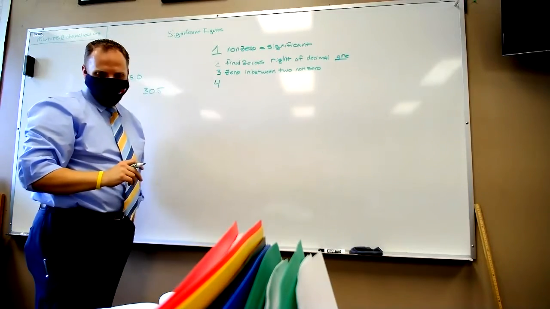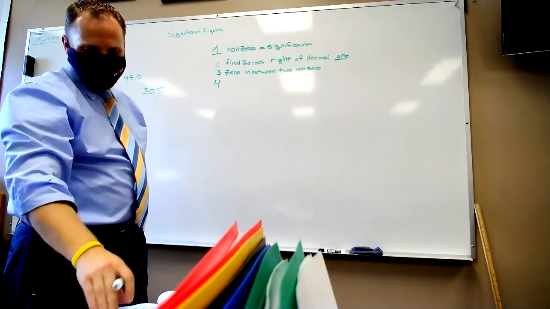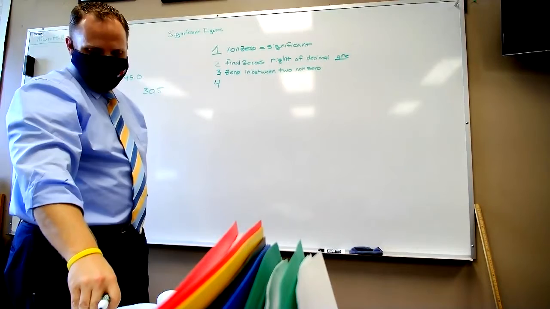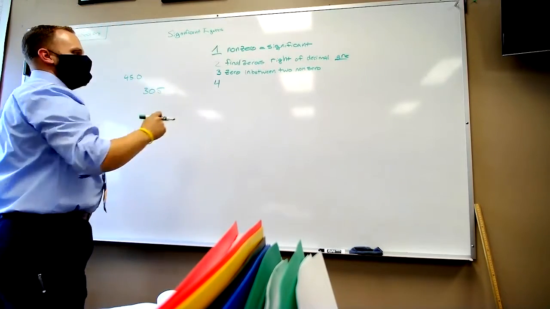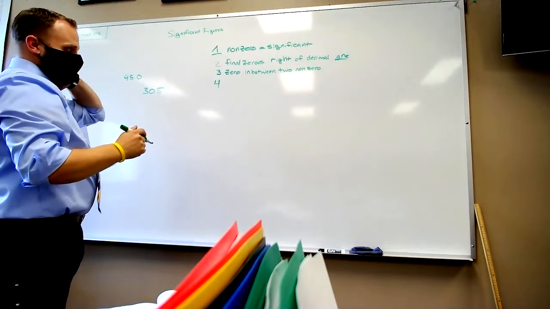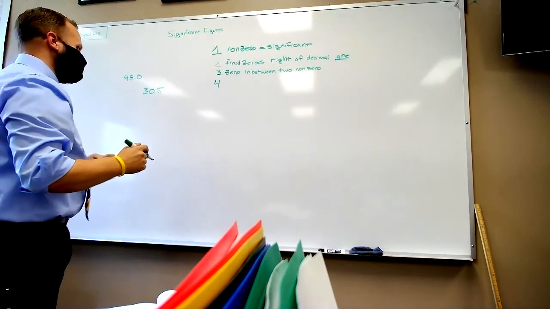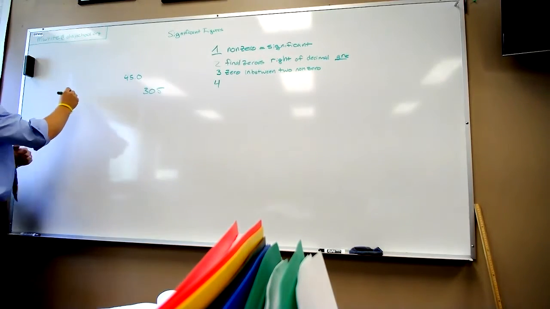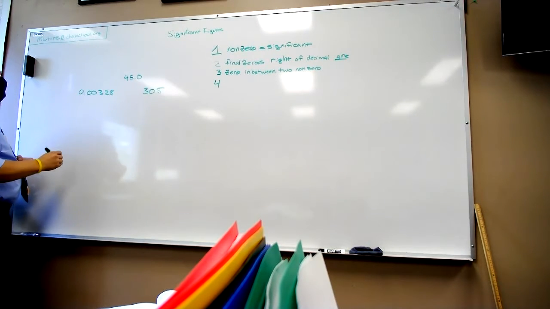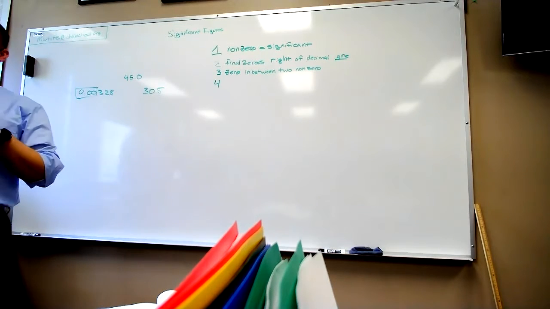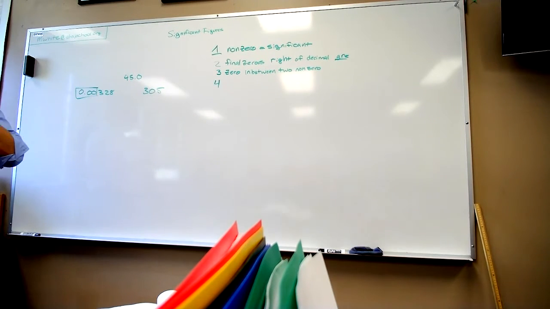And then 4, placeholder zeros are not significant. Basically, if we have a number like 0.00328, these are placeholders. If you can get rid of it by putting it in scientific notation, it's not significant.